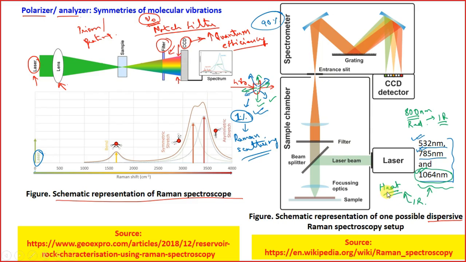So if there are any samples which will be degraded or decomposed in the presence of infrared, then the sample will be damaged. This is one of the main problems if we use the 1064 nanometer laser. But if the sample is fluorescent, we do not have any other option but to go for the 1064 nanometer wavelength lasers.